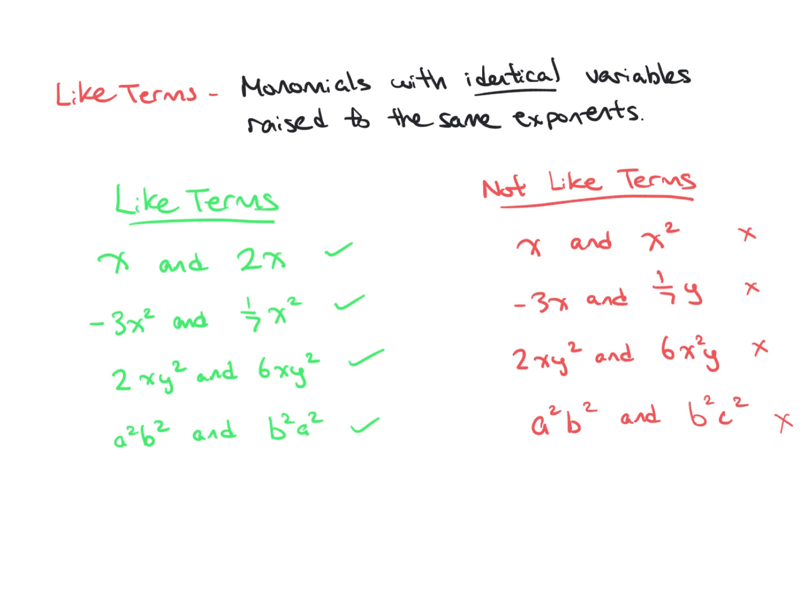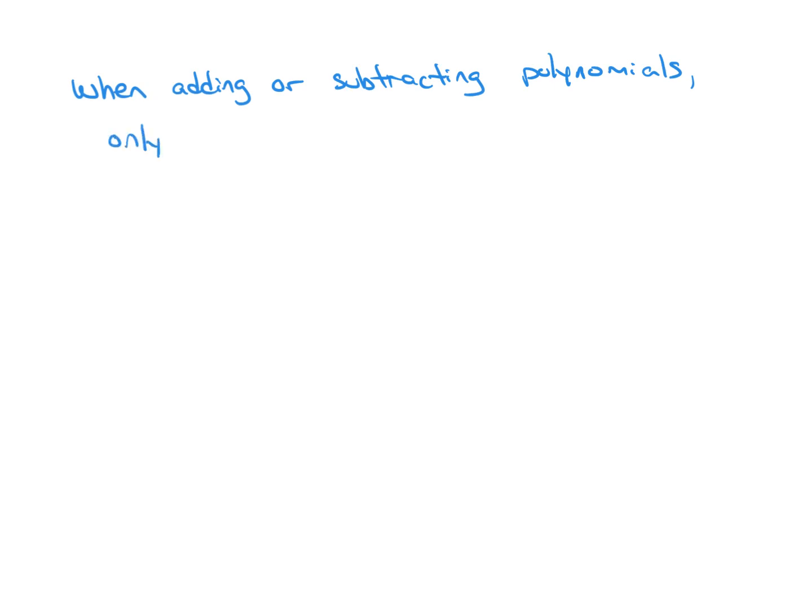And why are we talking about this? So basically, we're going to now talk about adding and subtracting polynomials. So here's the main point for today. When adding or subtracting polynomials, only like terms can be combined together.